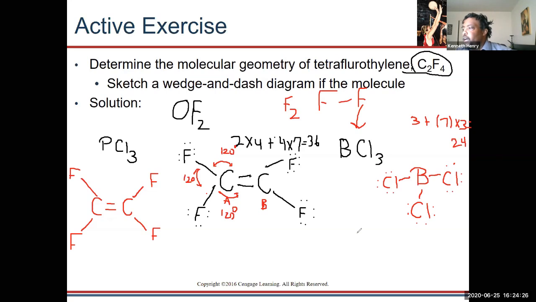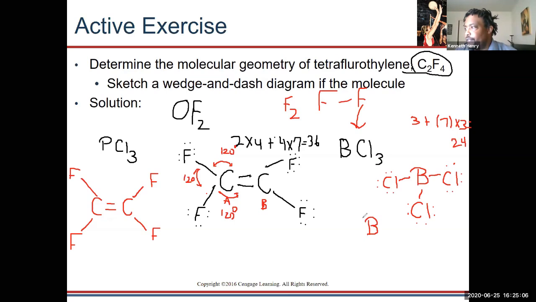So what is the wedge-dash diagram going to look like? Is it going to be planar, or is it going to be 3D? In the same plane or 3-dimensional? It's going to be planar.